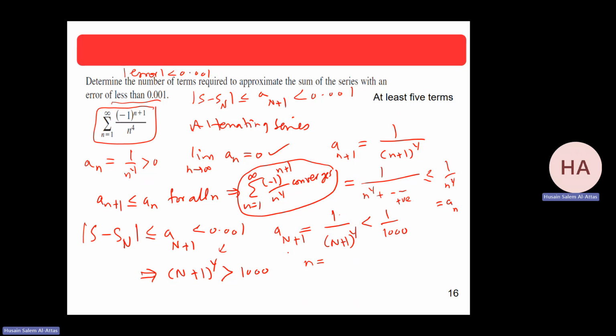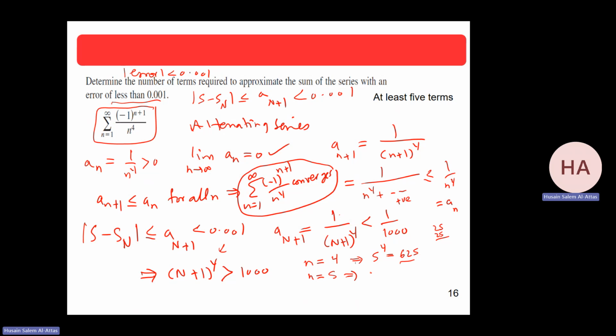Or I can do this. With n equal 4, for example, what will you get? You will get 5 to the power 4. What is 5 to the power 4? It's 25 times 25, which is 625. If n equals 5, what will you have? You can start from 4, and if it reaches the value, then you go back.